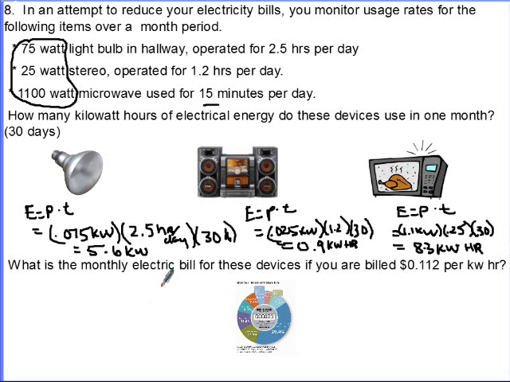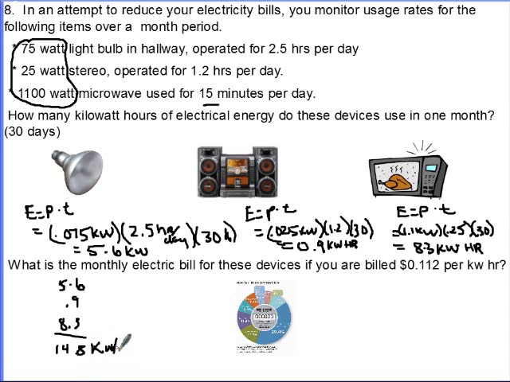So what would be the electrical bill if you were billed $0.112 per kilowatt hour? We would add up the total energy that we would use. So 5.6 plus 0.9 plus 8.3, the total amount of energy is about 14.8 kilowatt hours.